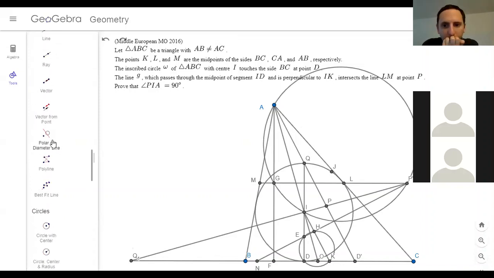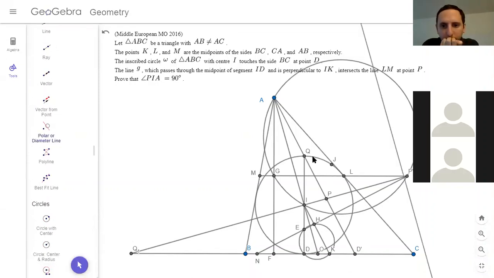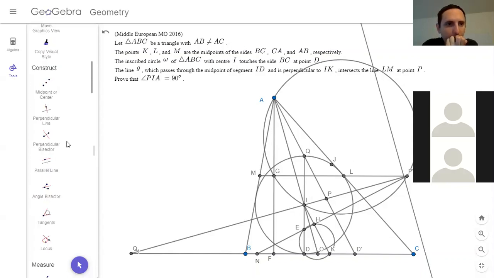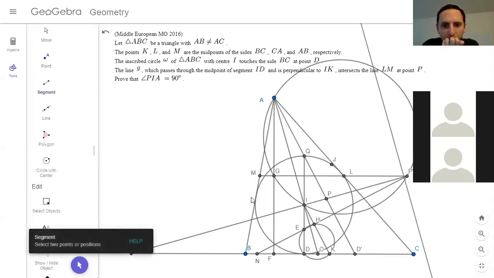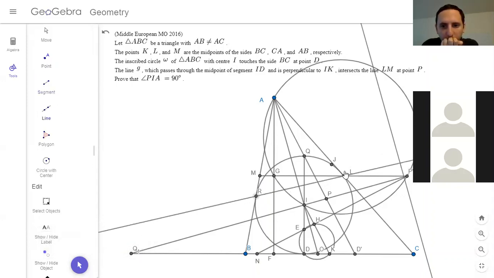Polar here. We could show that that's perpendicular. So basically you're saying I draw a line between this and the tangency point, it would be perpendicular.